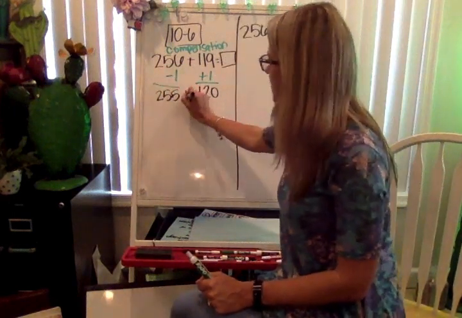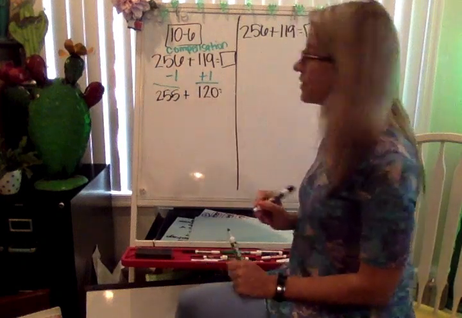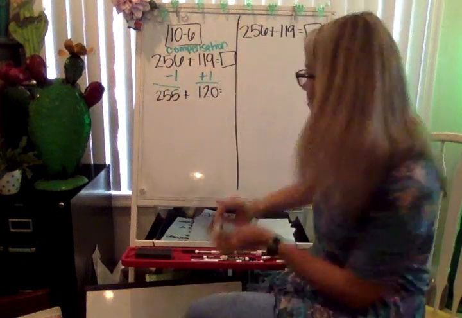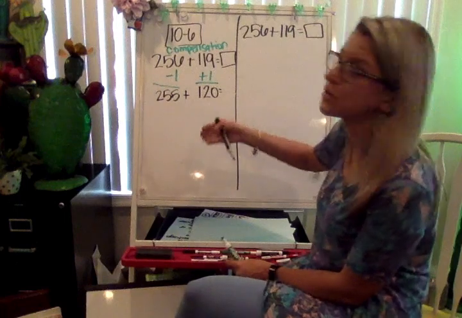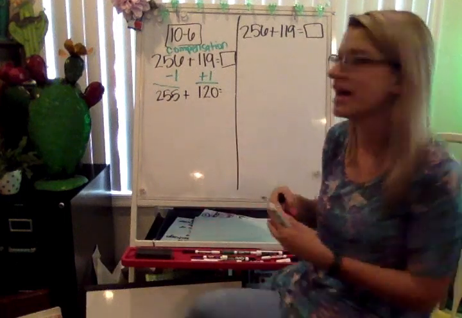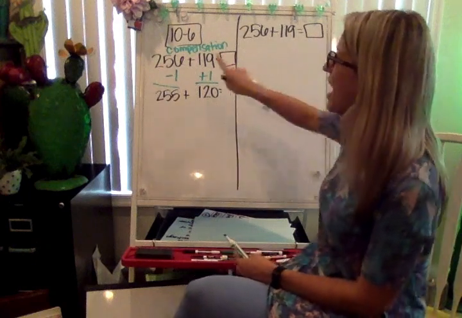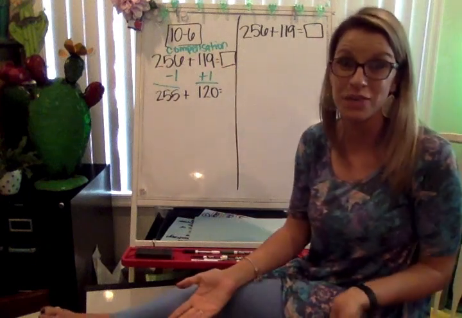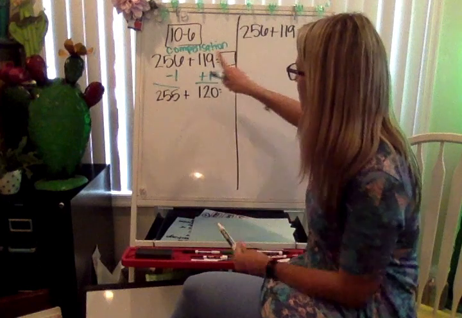I'm bringing down my addition sign, and this is going to be a much easier equation to solve. I don't have to do the regrouping that I would need to do if I chose to do vertical way. I won't have to do some jumping. I like using compensation because it's pretty easy to think about.